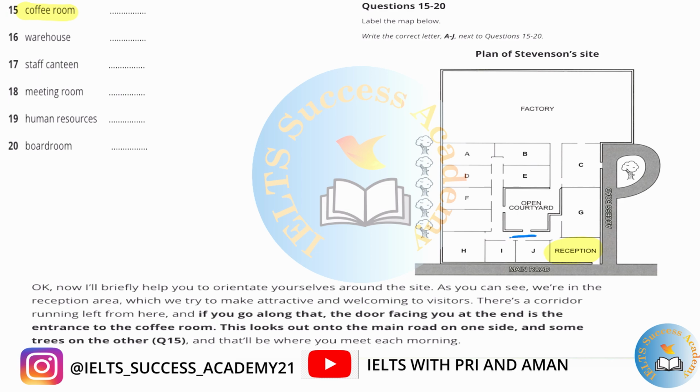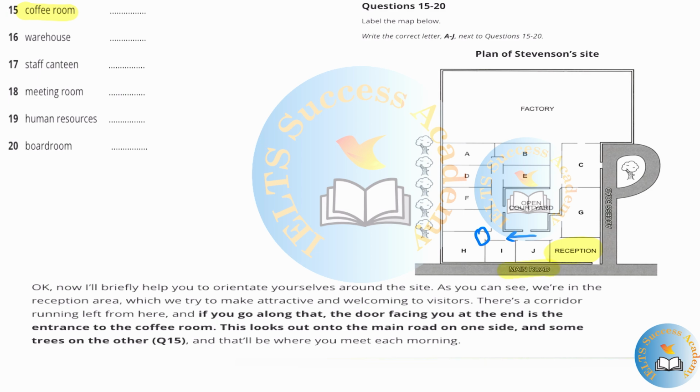So this is the left side of the corridor. And if you go along that, the door facing you at the end is the entrance to the coffee room. So this is the door that they are talking about. This looks out onto the main road on one side, so main road on one side and some trees on the other.